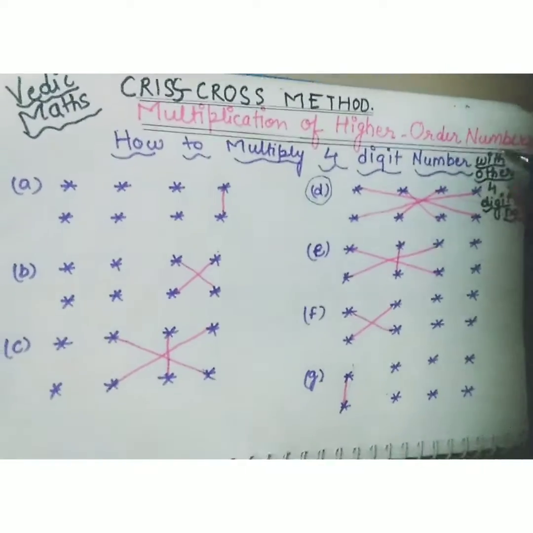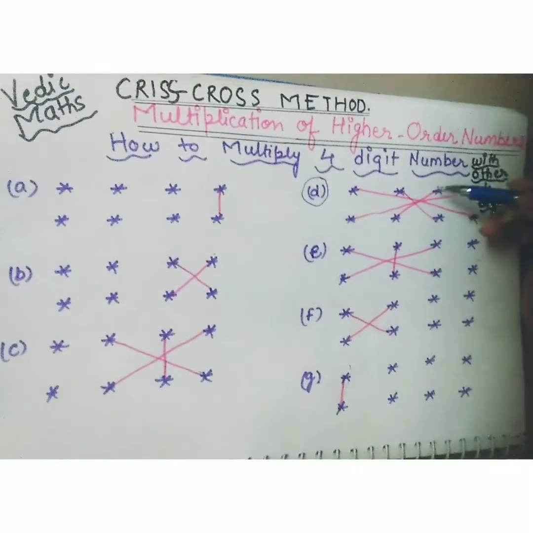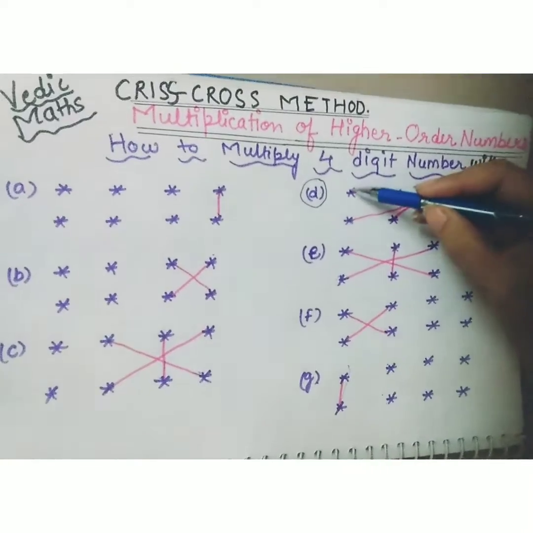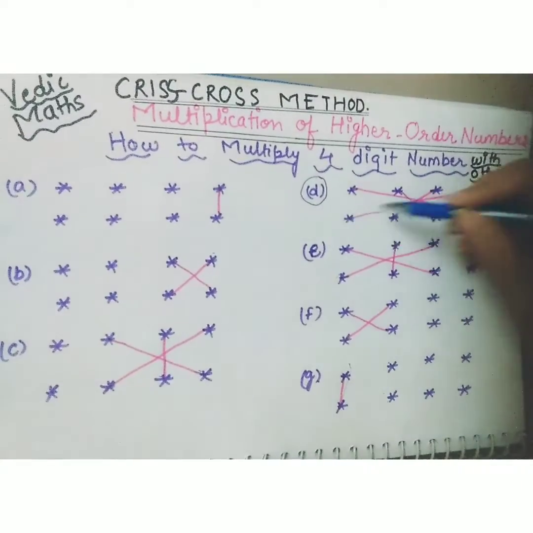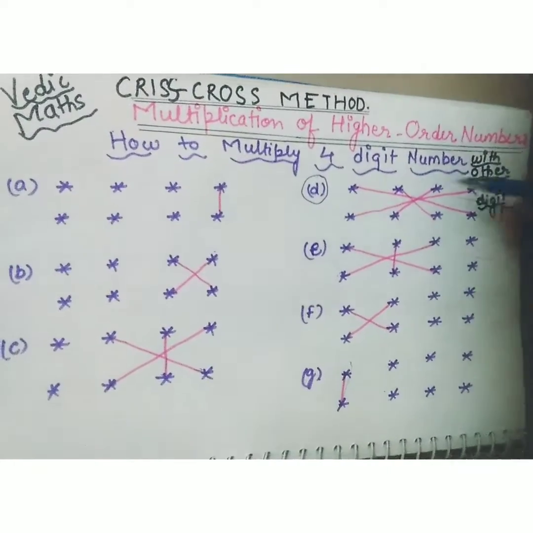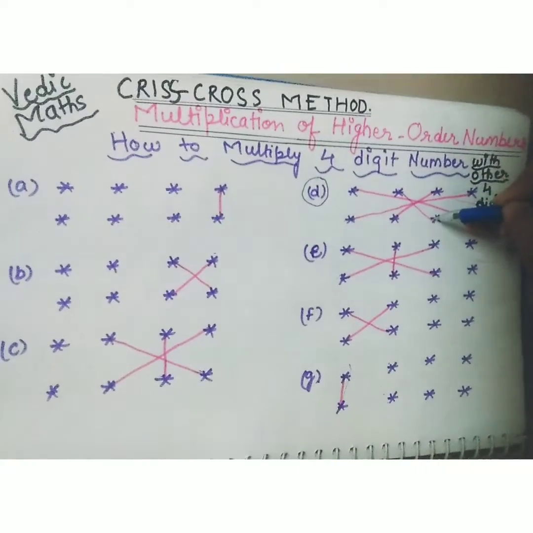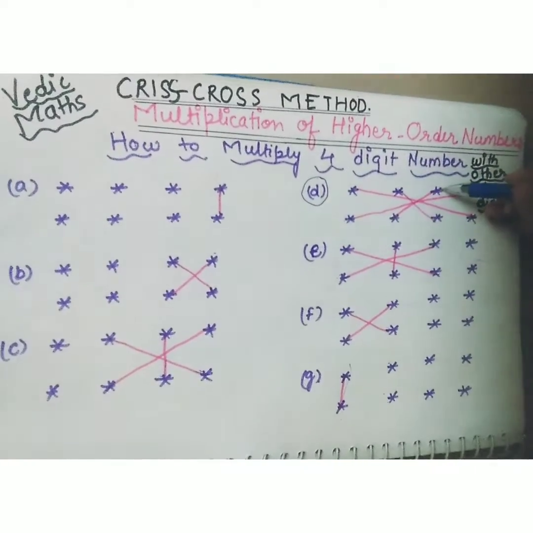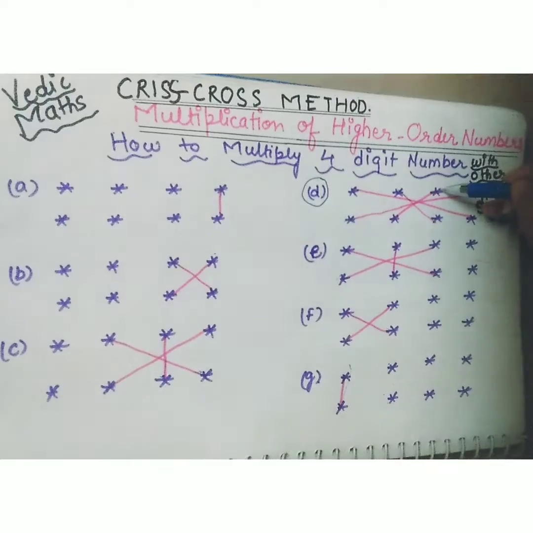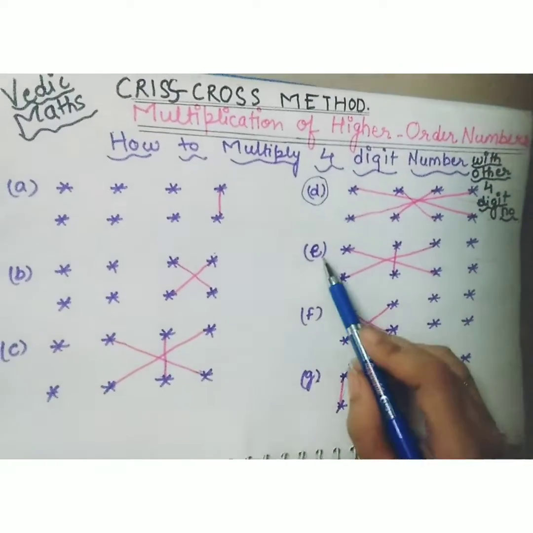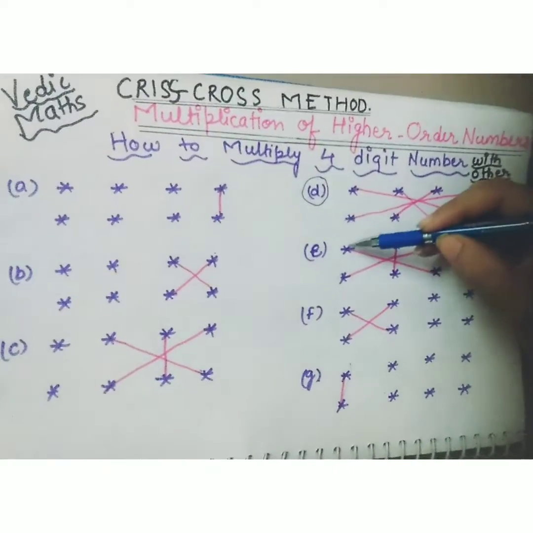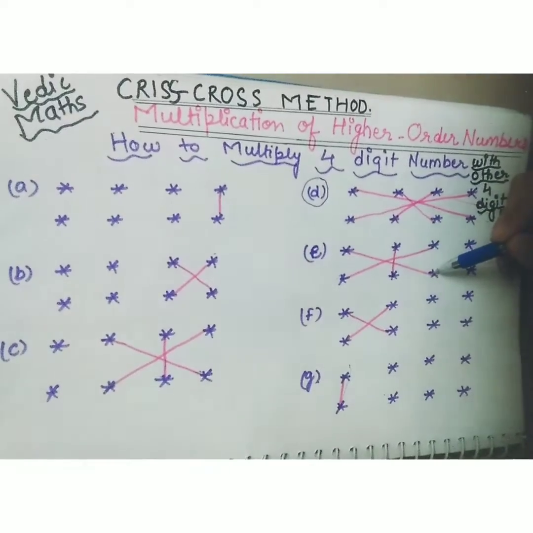The fourth step is different. In this there is no I formation. There is a cross formation between these two digits, and this cross formation between these two digits, and this cross formation between these digits.